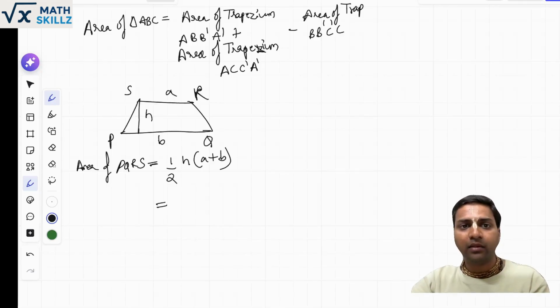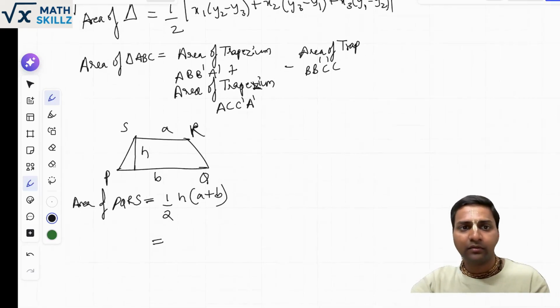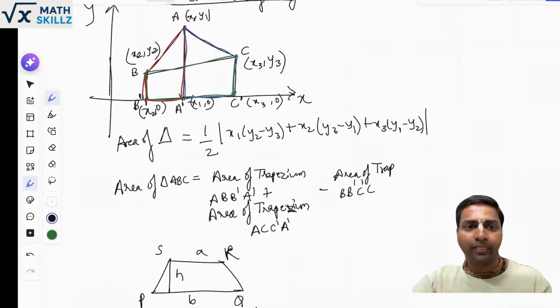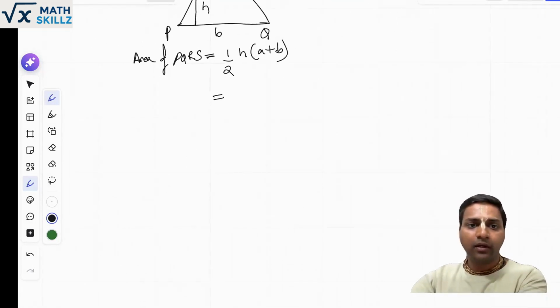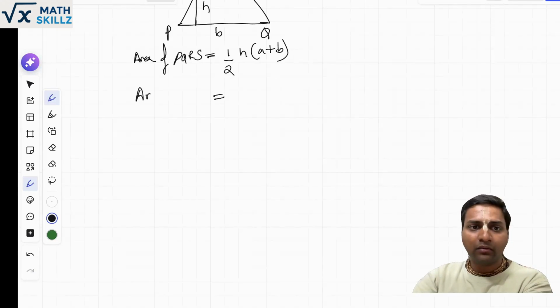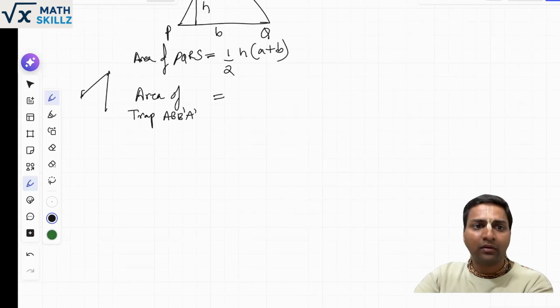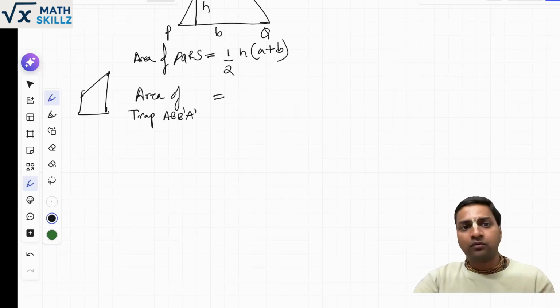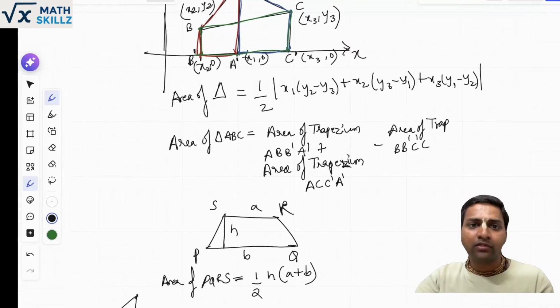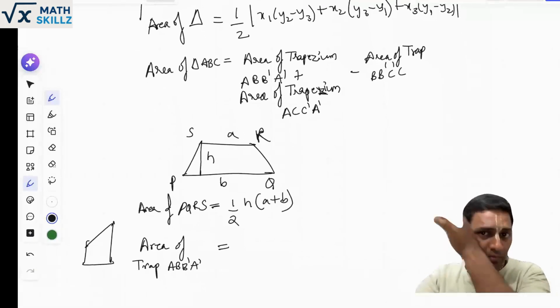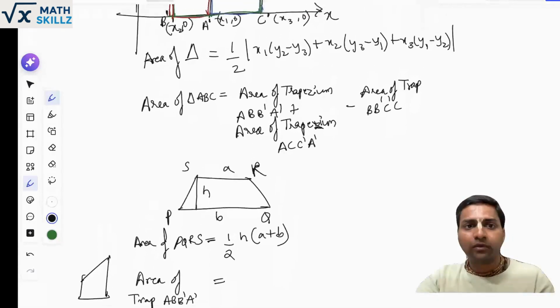Now let us find the area of trapezium A B B dash A dash. Here we can consider B dash A dash as the height, that is x2 minus x1, or x1 minus x2.